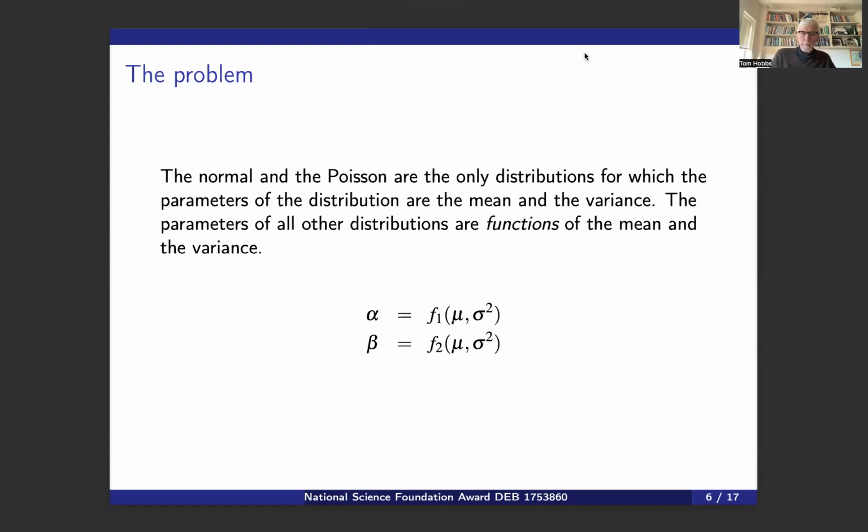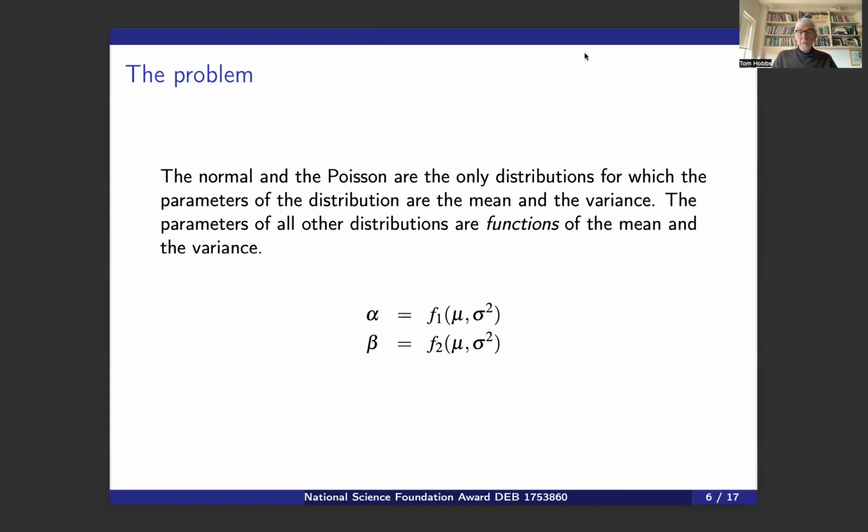However, here's the problem. Out of all of the distributions that we could potentially use to represent ecological processes, the normal and the Poisson are the only distributions out of dozens for which the parameters of the distribution are the mean and the variance.